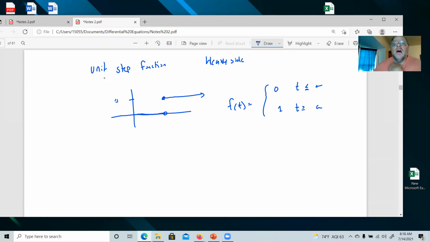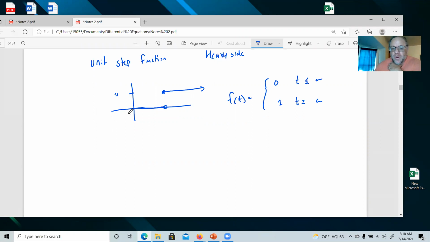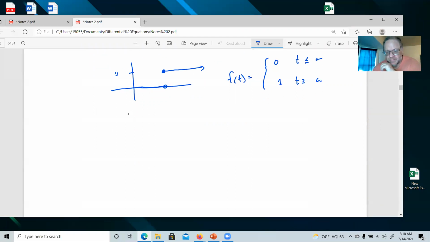By the way, the notation for this is u of t minus a, and this means at a, so f of t minus a is going to be at the a point. That's when it's going to pop up.